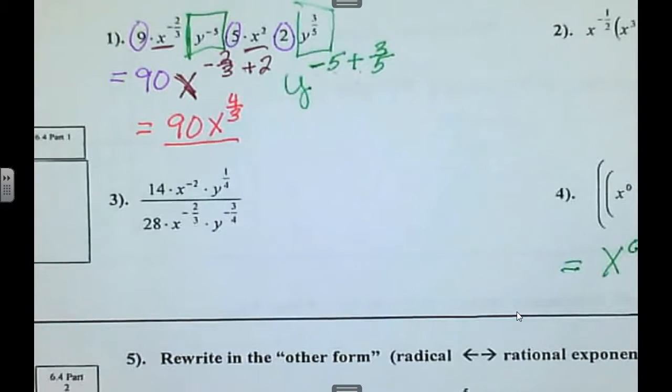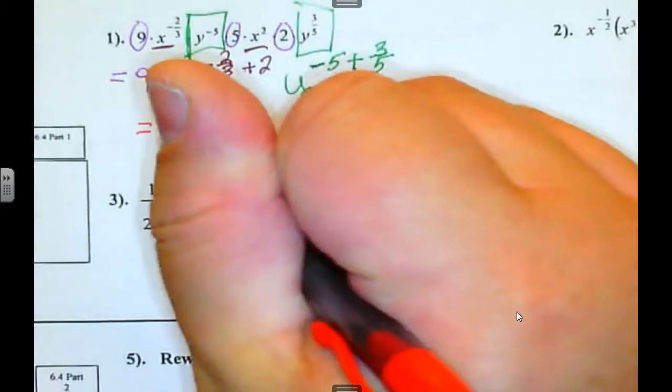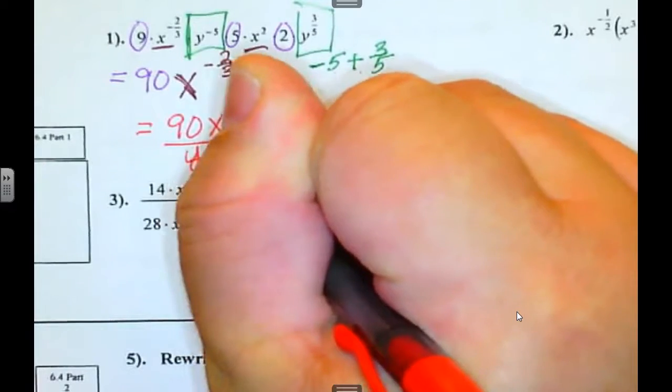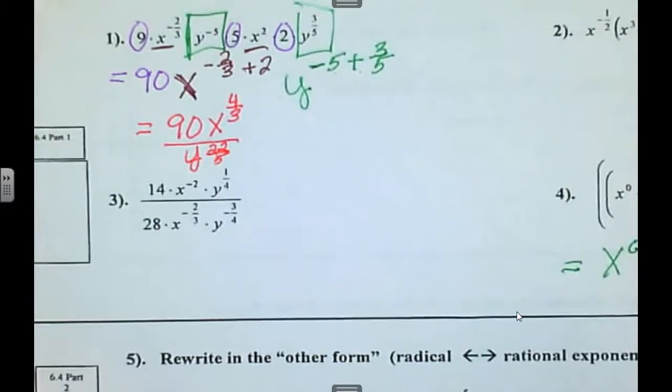Okay, so it's going to go in 22/5. There you go. These really aren't that hard, you guys. For some reason, you keep multiplying exponents for everything. I don't know why.